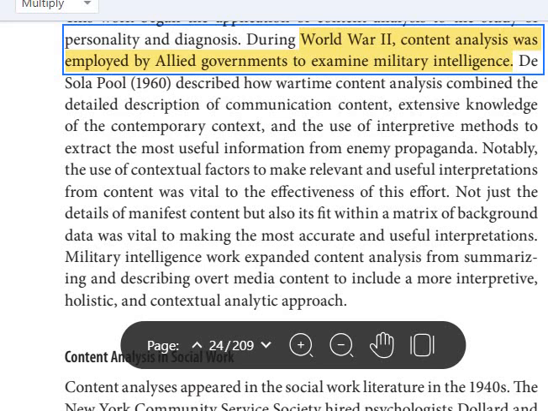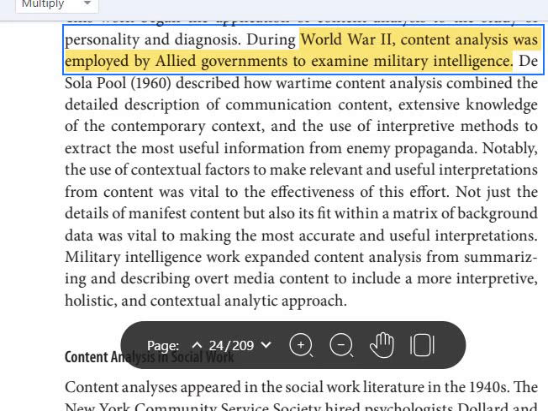It was used later in World War II to understand the implied meaning of these messages.